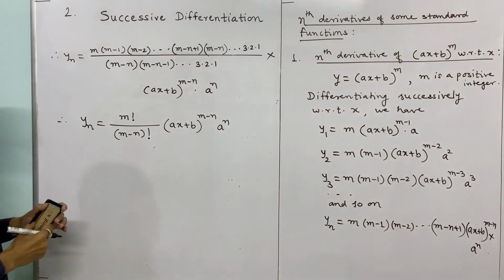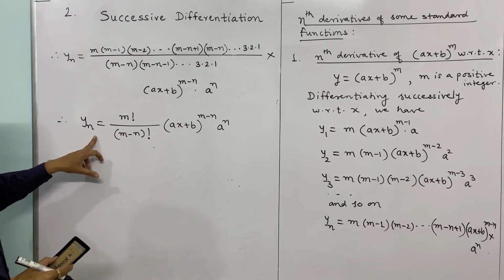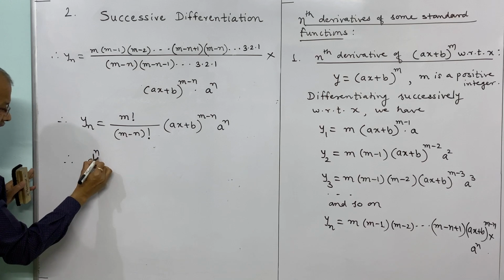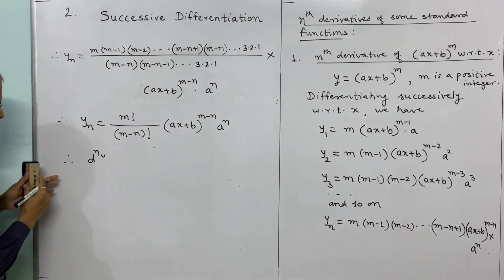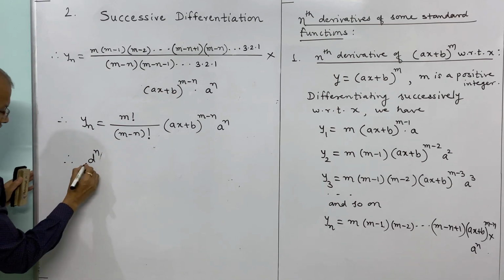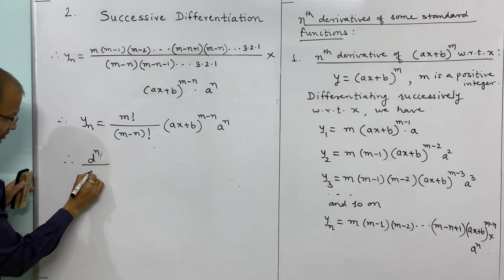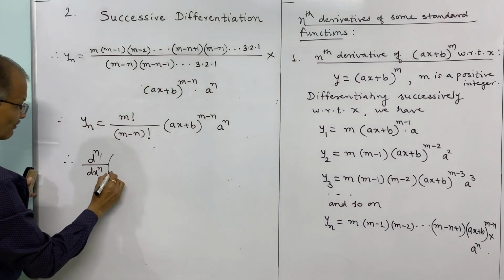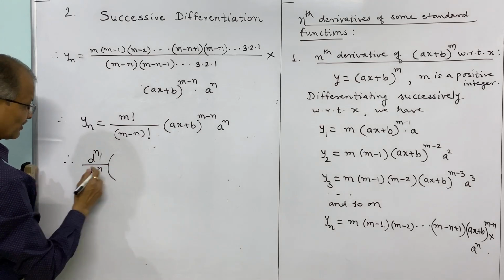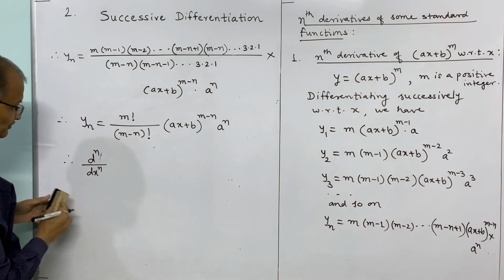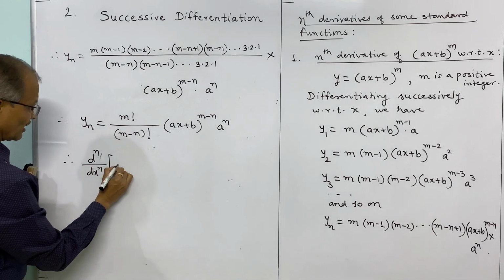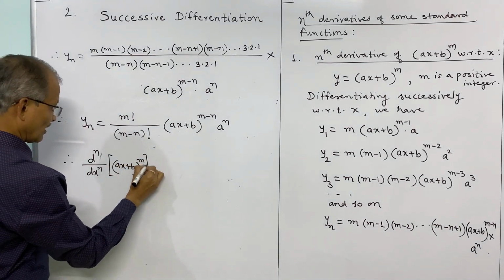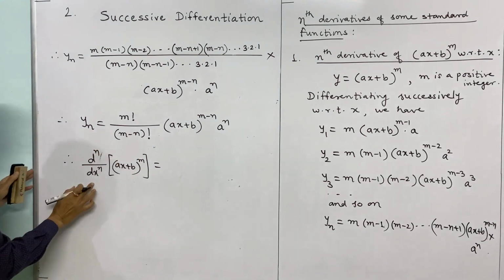And now you see this is the nth derivative of y, and we use the usual notation, where the nth derivative of y means d to the power n by dx^n of y. Y is (ax+b)^m, and the nth derivative is this one.